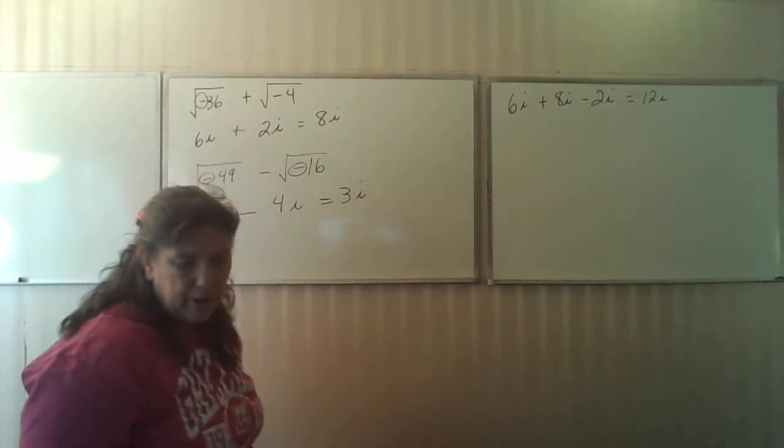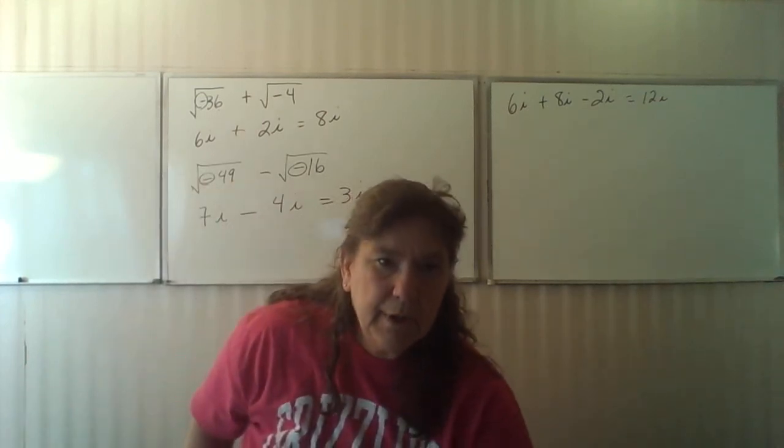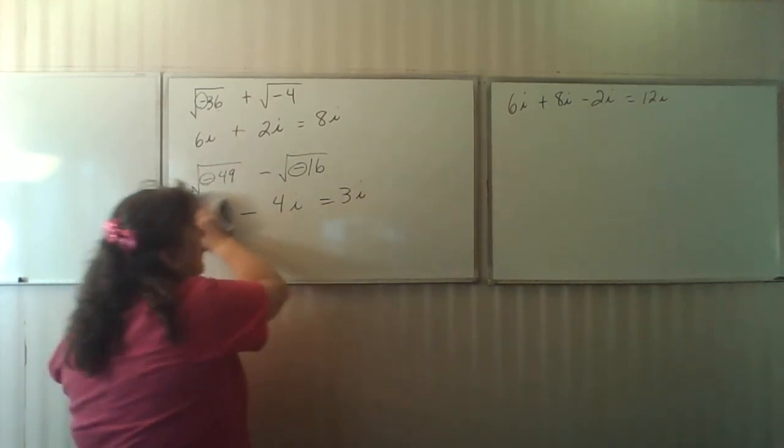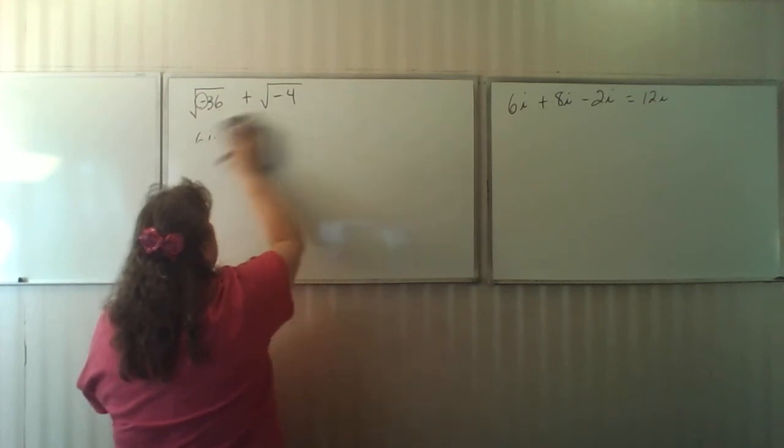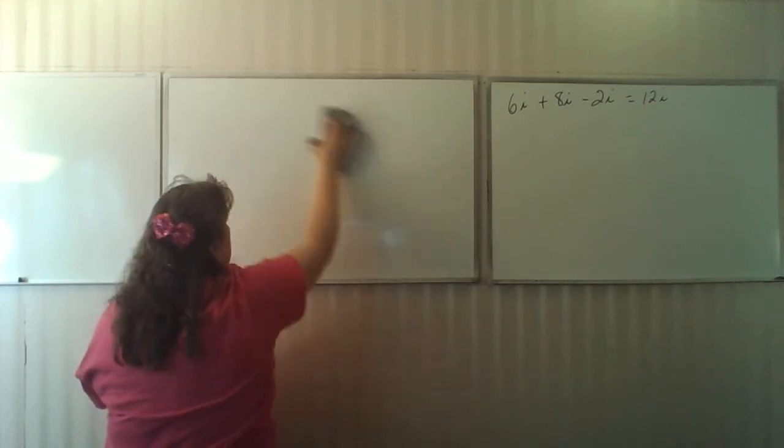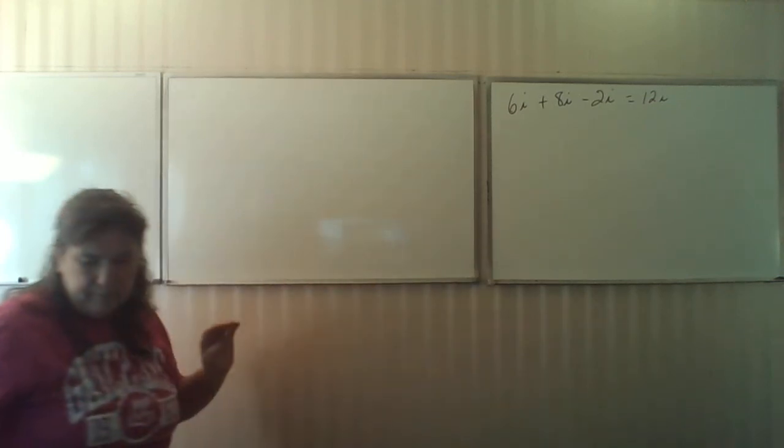Now, we're going to also look at a complex number. A complex number is made up of a real part and an imaginary part.